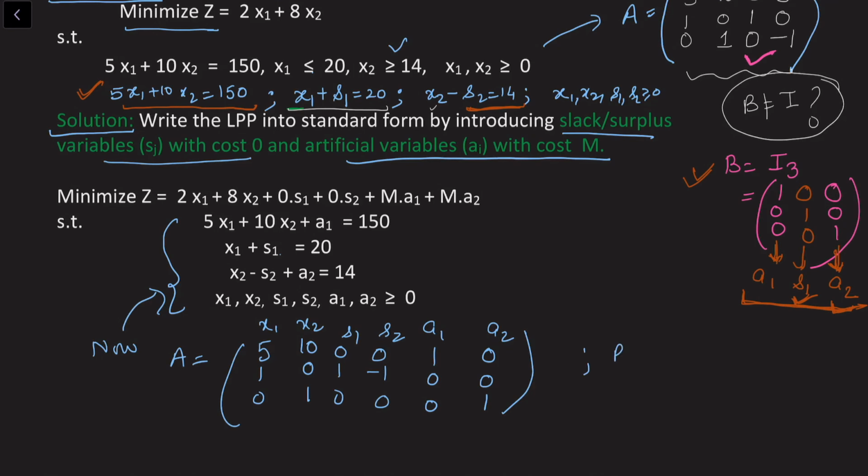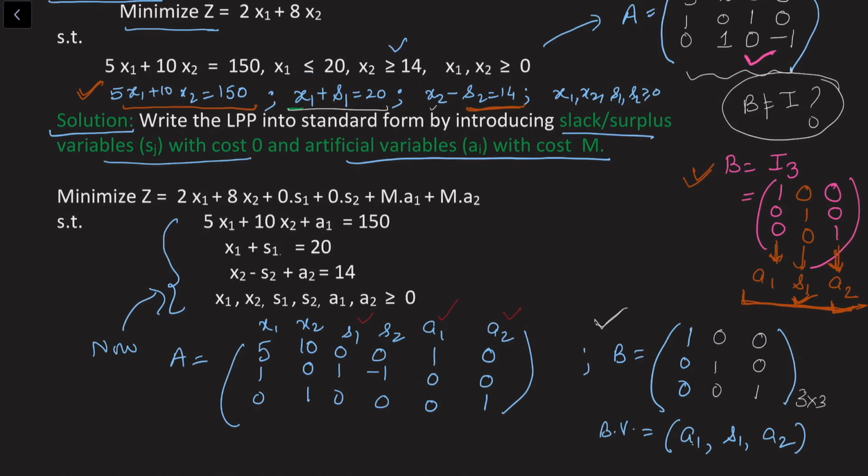From here we select the submatrix B, which will be the initial basis matrix. In this initial basis matrix, I select the basic variables in the order A1, S1, A2, so that I get a ready identity. The first column corresponds to A1, the second to S1, and the third to A2. So I get 0, 1, 0, and then 0, 0, 1.